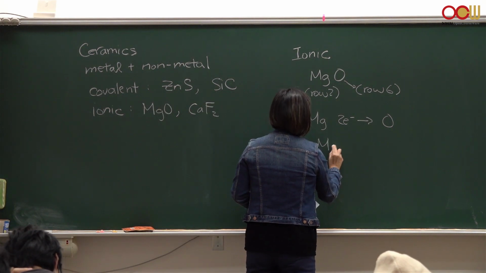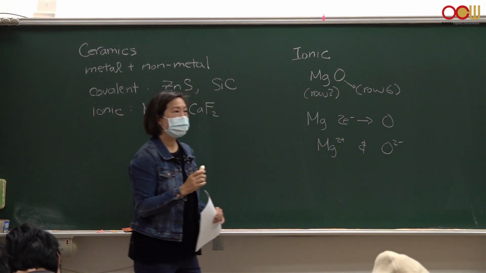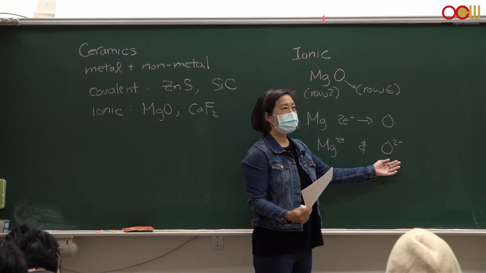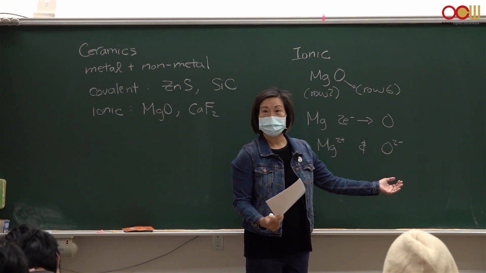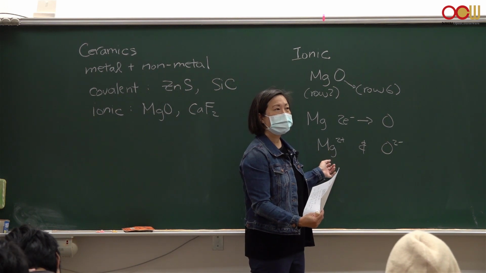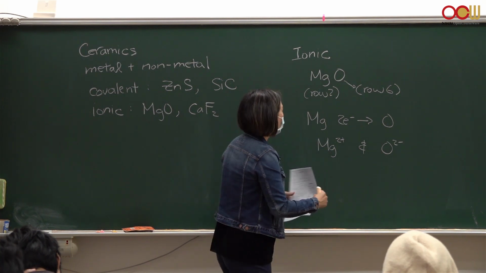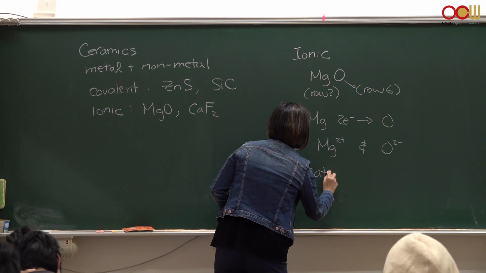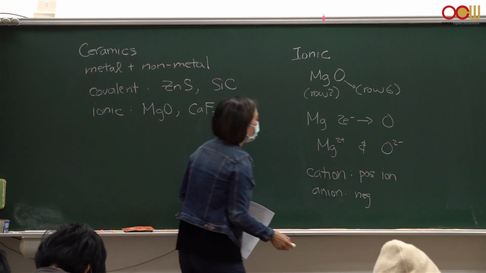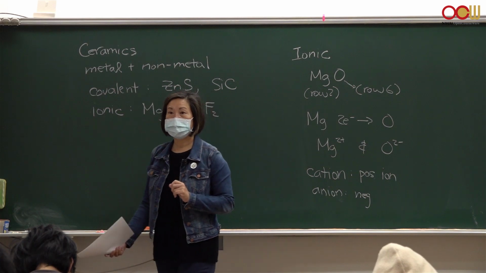So you end up with magnesium 2 plus and oxygen 2 minus. Because magnesium lost 2 negative charges and oxygen gained 2 negative charges. Together, they're neutral, but if you were to separate them, you have a positively charged ion and a negatively charged ion. So a positive ion is called a cation, and a negatively charged ion is called an anion. So in this case, our magnesium is our cation, and our oxygen is our anion.